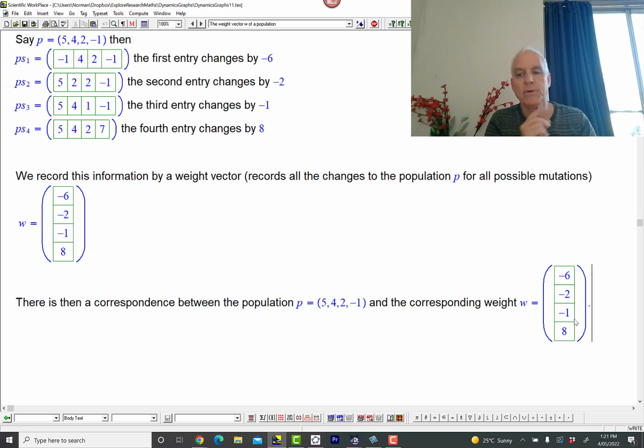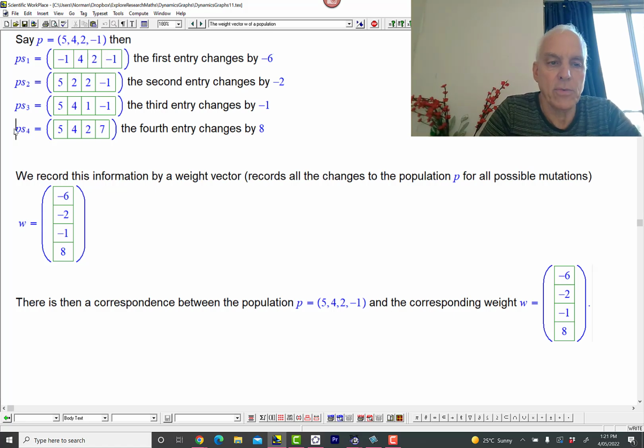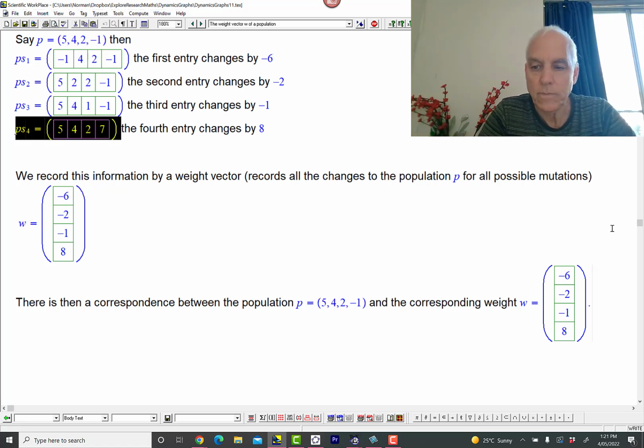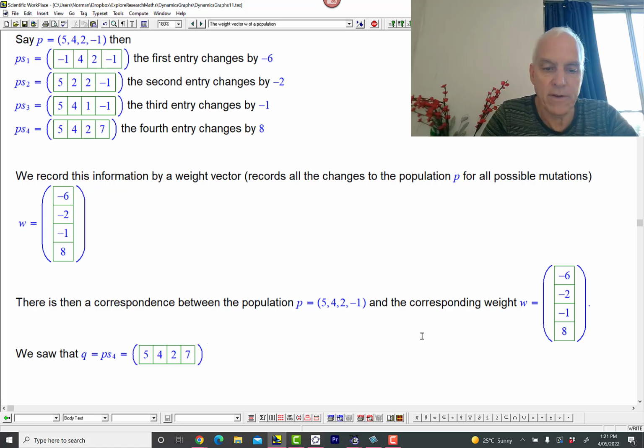And now let's say I'm interested in playing this mutation game and increasing the population. So I've said that I should really multiply by the mutation S4 here to increase the thing. So let's say Q equals P S4.